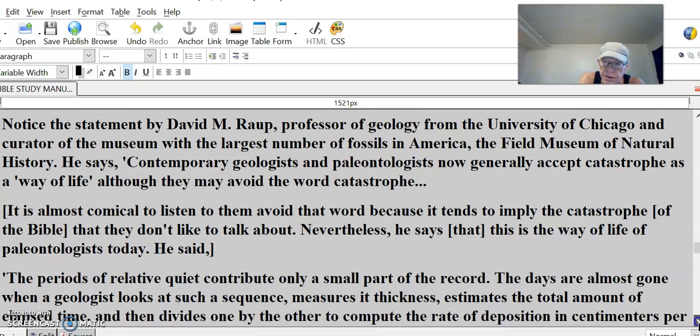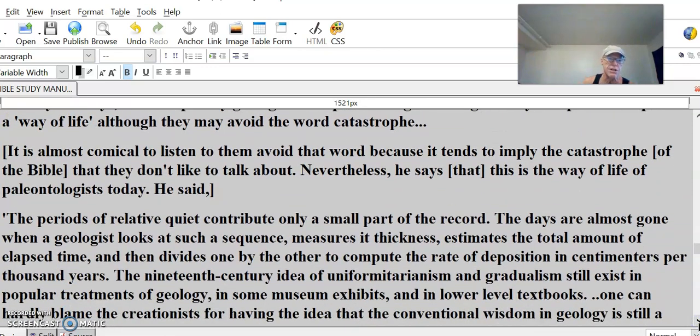He said, quote, the periods of relative quiet contribute only a small part of the record. The days are almost gone when a geologist looks at such a sequence, measures its thickness, estimates the total amount of elapsed time, and then divides one by the other to compute the rate of deposition in centimeters per 1,000 years.